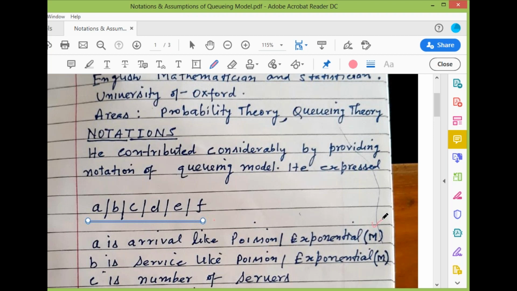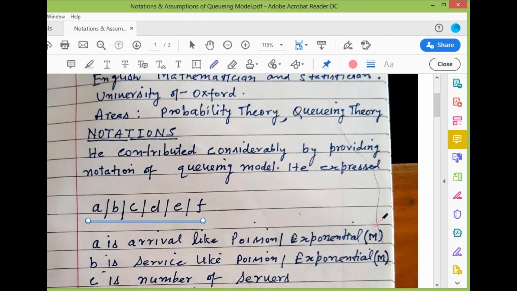In that case, we will discuss why M is used, though the situation of the arrival is actualized by the Poisson or exponential distribution.